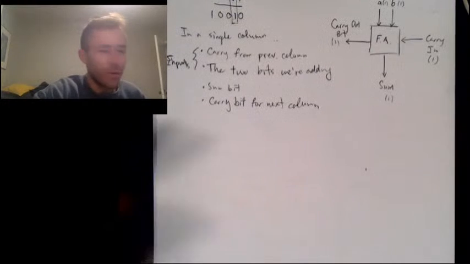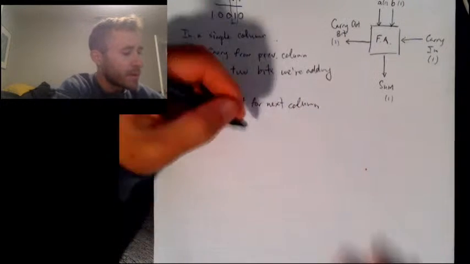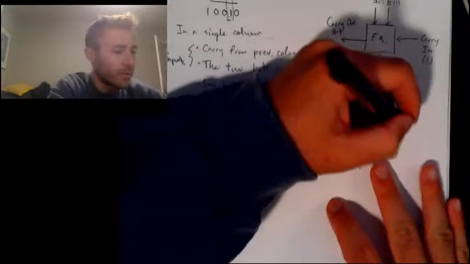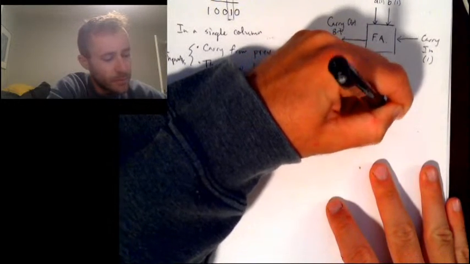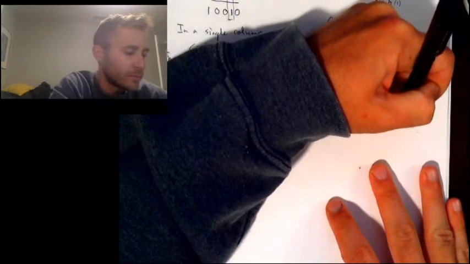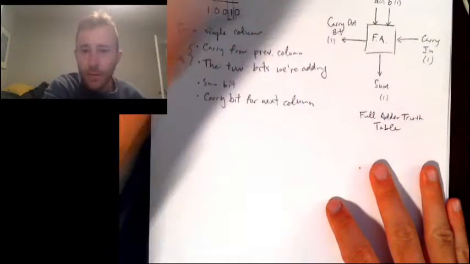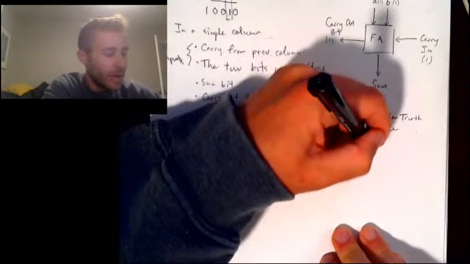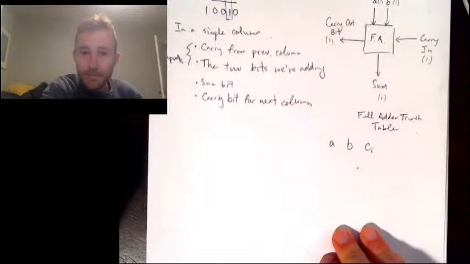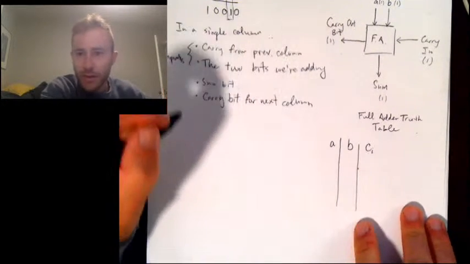So what does a full adder have to do? We can do a truth table. Let's do a truth table for a full adder. We have our bits A and B, and then we have the carry in. How many different combinations are there for 3 bits? Type it into the chat if you know.